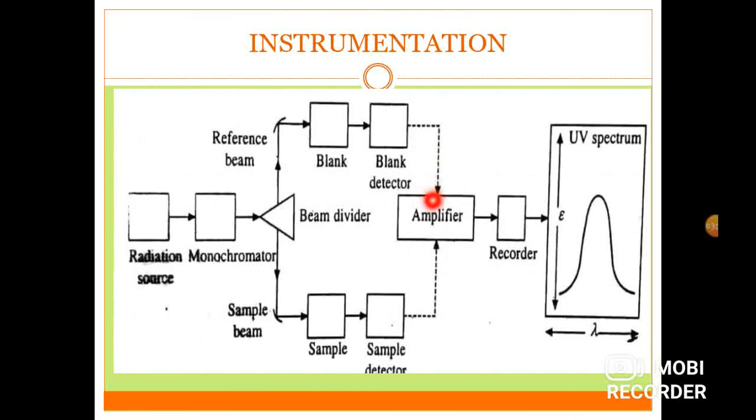After that, the signals are recorded by the recorder, and the output comes in the form of a curve peak, when we plot the graph between lambda max and the absorbance in the UV visible spectrophotometer.